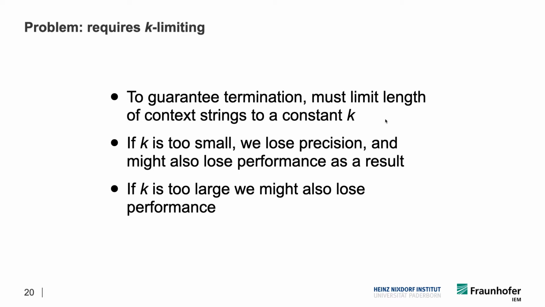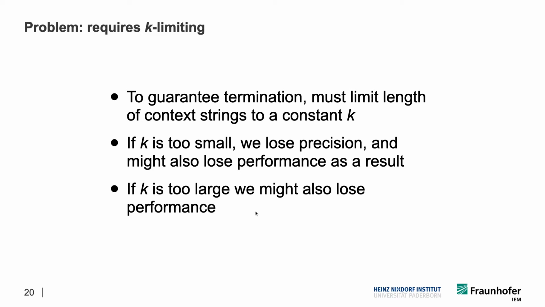And even in situations where the analysis does terminate, for instance, because the program is not recursive, choosing a large k is typically not a good idea, because if you have too large a k, then you can quickly lose performance. You can imagine a large k means that you're building up a very large number of calling context strings.